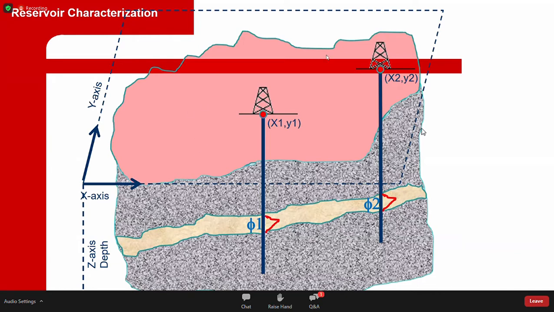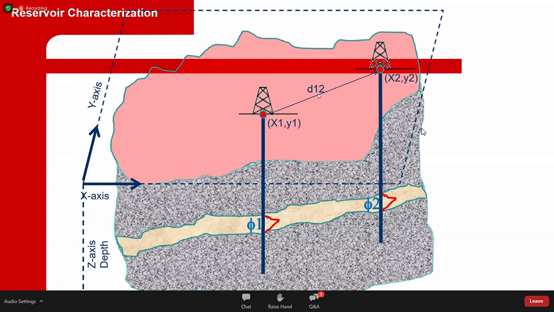Remember, these two wells have a certain spacing between them, and I can actually calculate the spacing. If I have X1, Y1 and X2, Y2, then I can find the spacing between these two wells, which is the square root of (X1 minus X2) squared plus (Y1 minus Y2) squared. This is the distance D12, meaning the distance between well 1 and well 2.